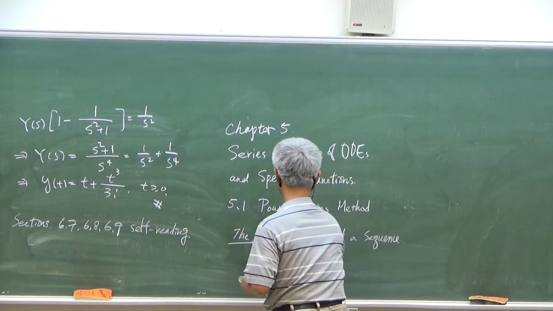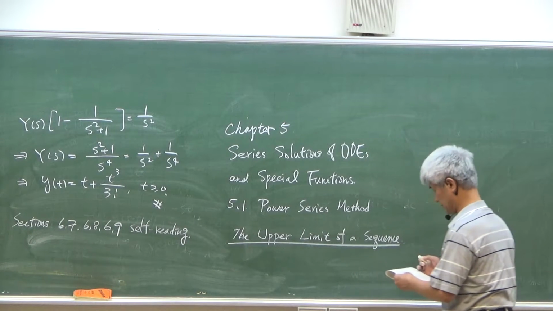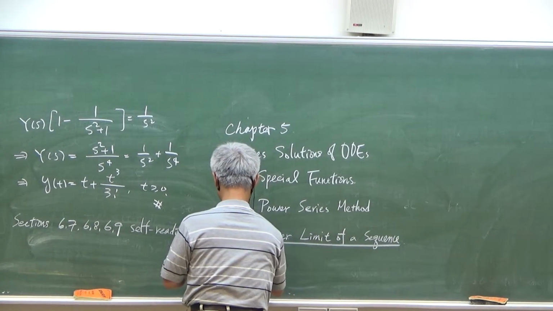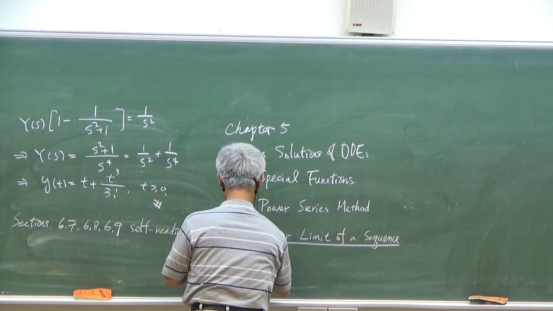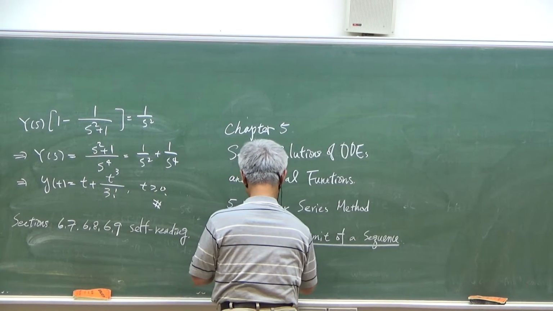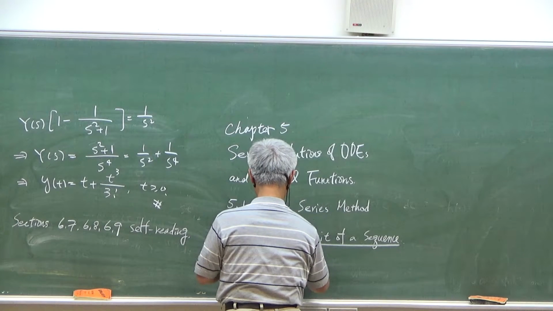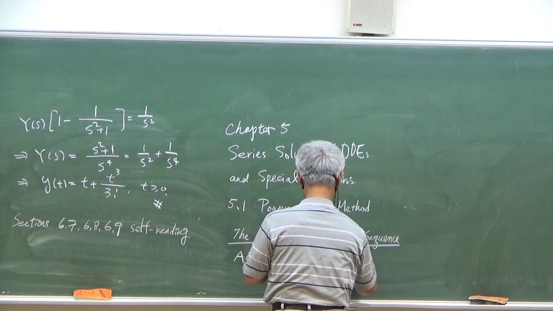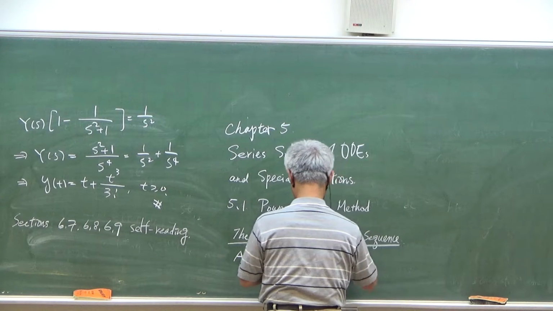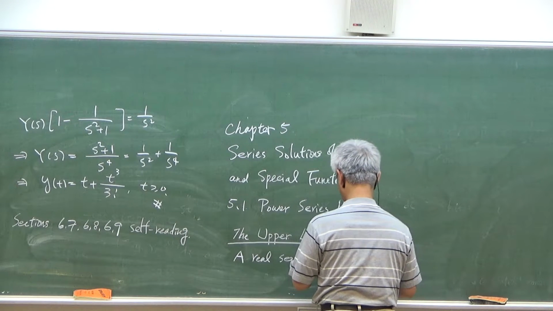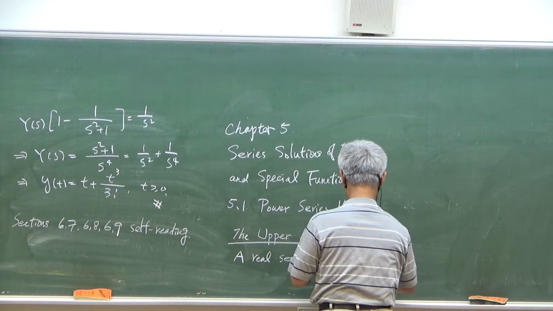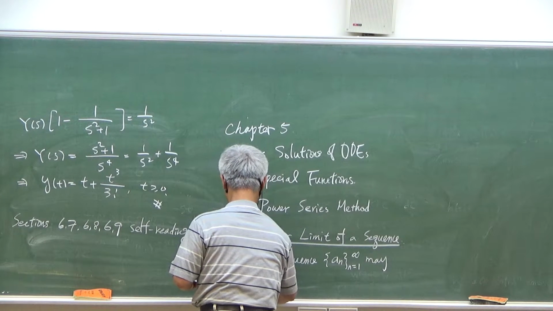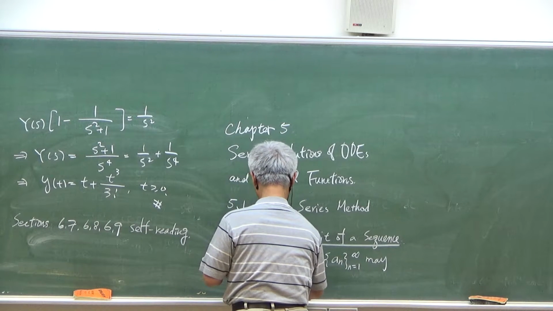So I want to introduce upper limit. A real sequence a_n may converge or diverge.